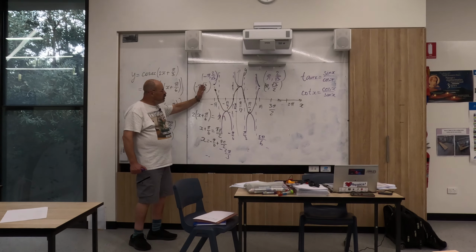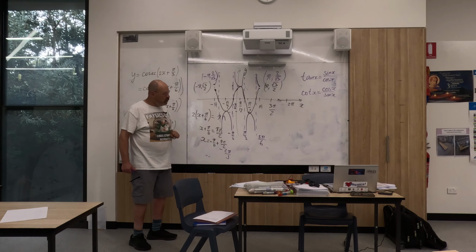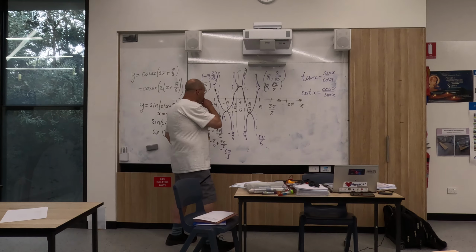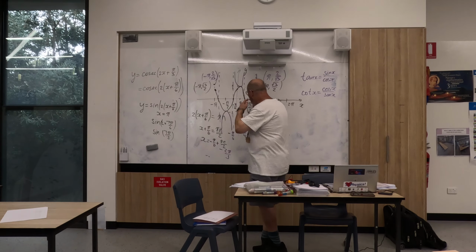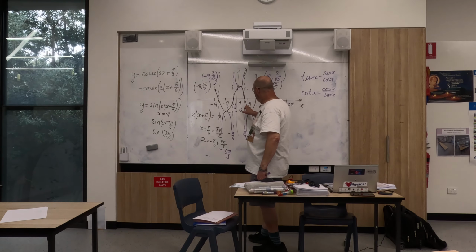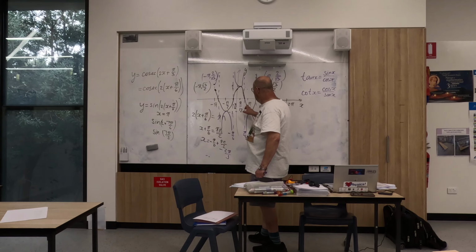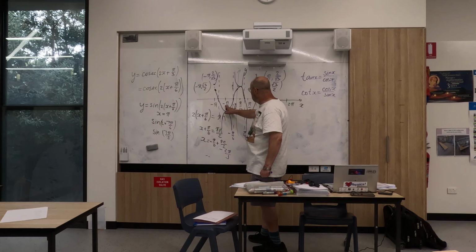No, it won't, because the period is pi and you have the maximum from pi on 2 here. Then we do a period of pi, negative pi. It should be here.